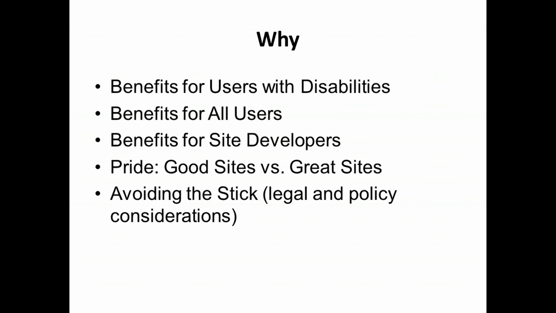So, create an accessible site, reduce complaints to the rich uncle, reduce complaints to the Office of Civil Rights, and create a site that people with disabilities are going to say, wow, I was thinking about going to the University of Minnesota, and I visited this site for this department. I'm really interested in the field of X, and it was great. I could get around the site. It was easy to understand.